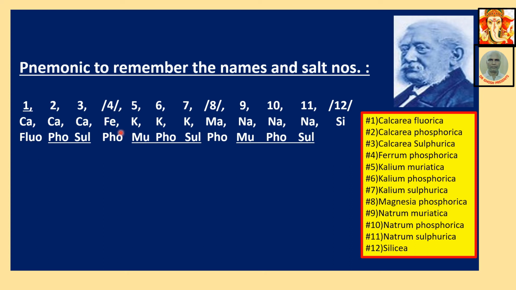And since the rhythm of 3 is always Mi, Fa, Sha, and Mi is occupied in the first place by fluoricum, the next two will be Fa, Sha. 4th and 8th are always phos, so they are separated. 5, 6, 7, Mi, Fa, Sha: muriaticum, phosphoricum, sulfuricum. 9, 10, 11, Mi, Fa, Sha: muriaticum, phosphoricum, sulfuricum. I think you follow what I want to convey.